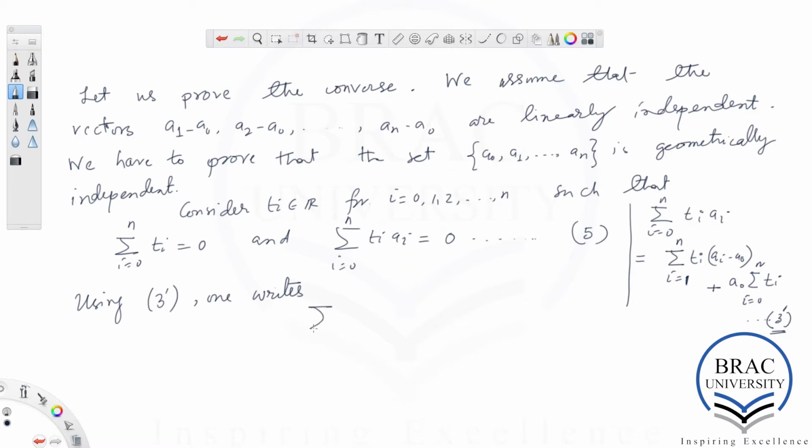So using this 3 prime, one writes the sum for i equal to 0 to n of ti ai as, exactly, we are rewriting 3 prime: the sum of ti times ai minus a0, plus a0 times the sum over ti as i runs from 0 to n.